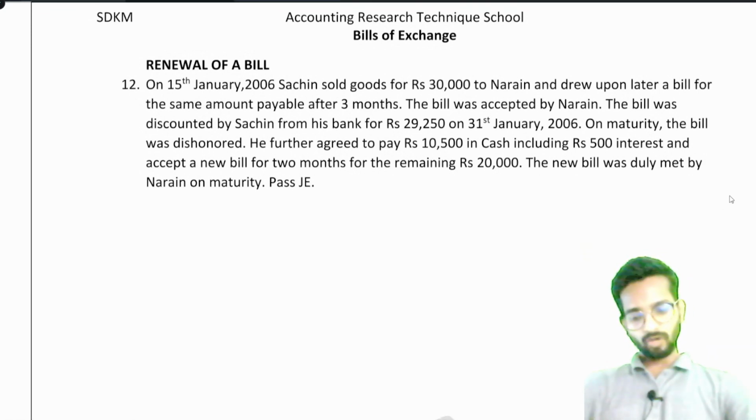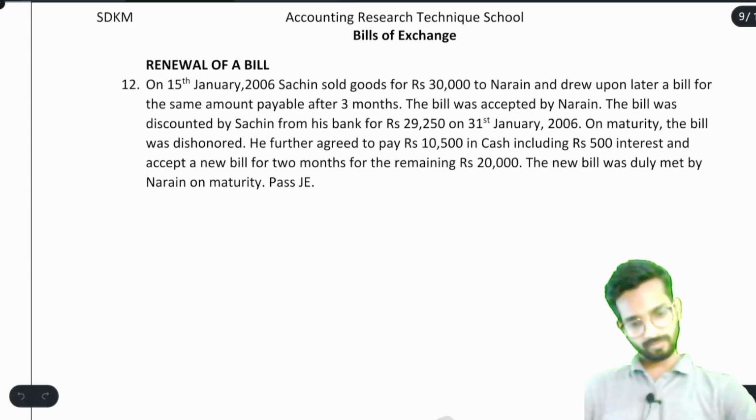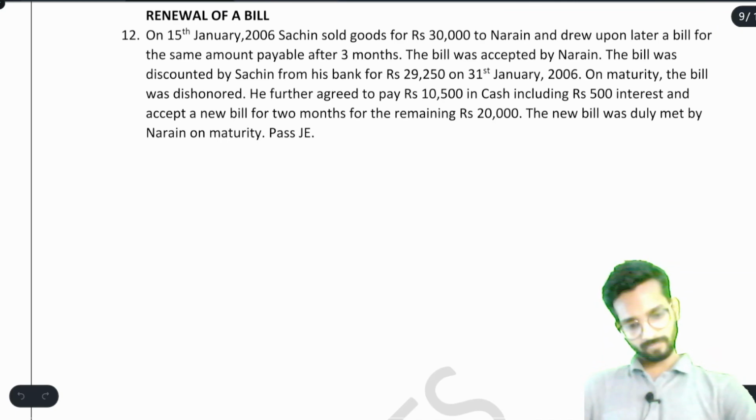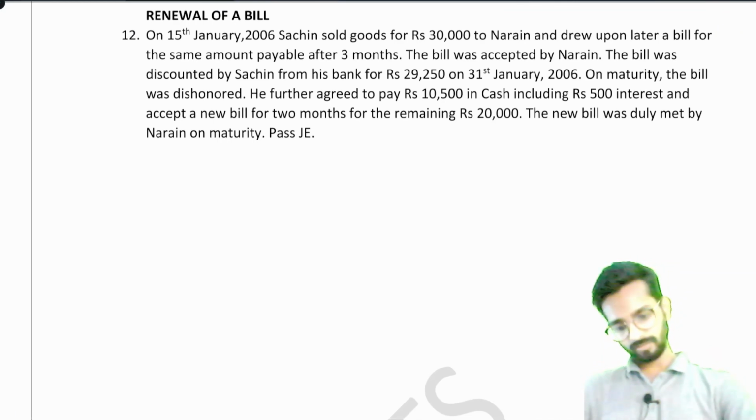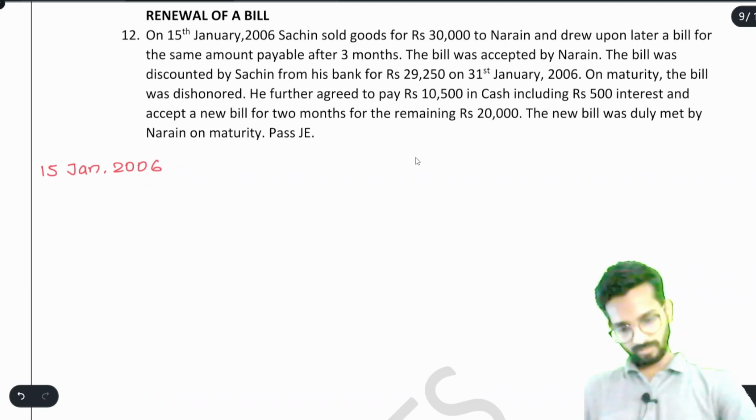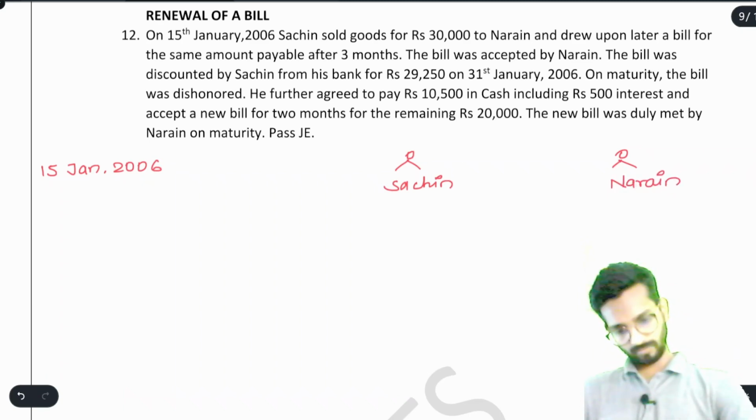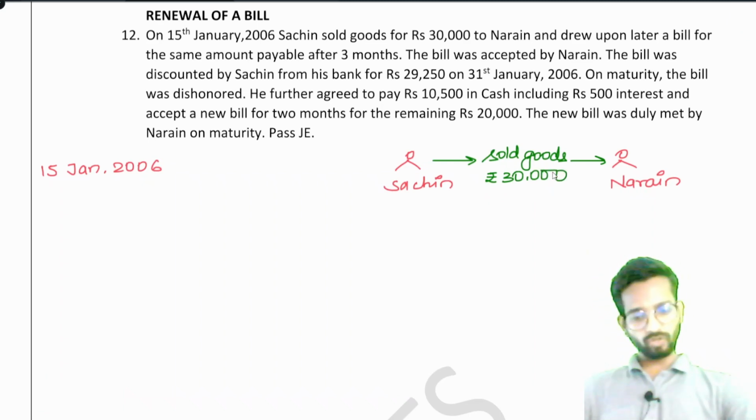On 15th January 2006, Sachin sold goods for rupees 30,000 to Narayan.